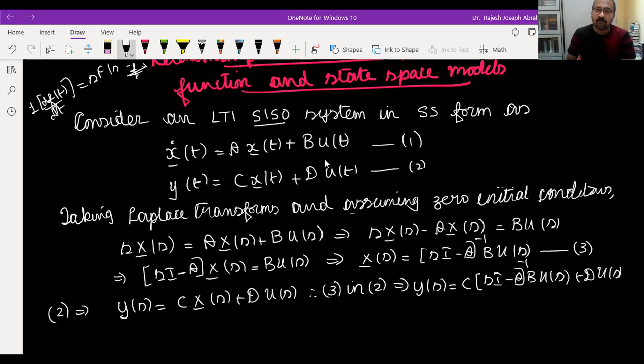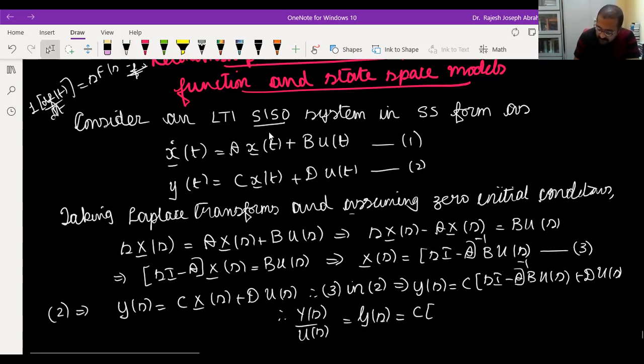The output variable is Y of s and the input variable is U of s, so you just need to take the ratio. Therefore, Y of s by U of s, which is the transfer function G of s, is C (sI minus A) whole inverse B plus D.